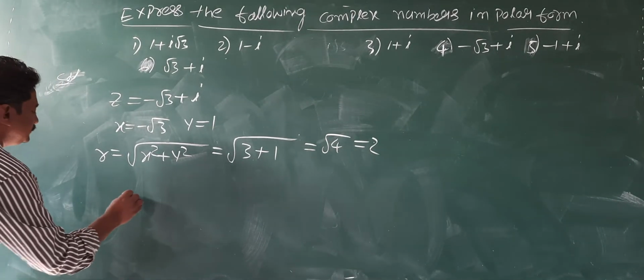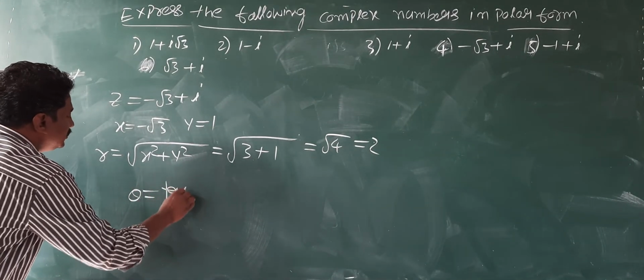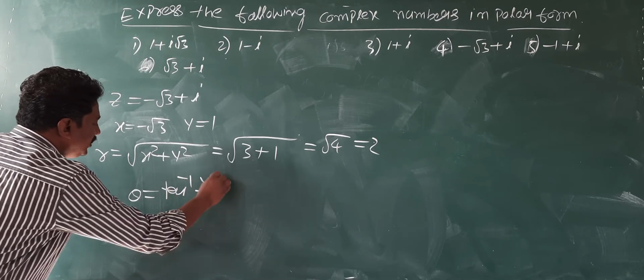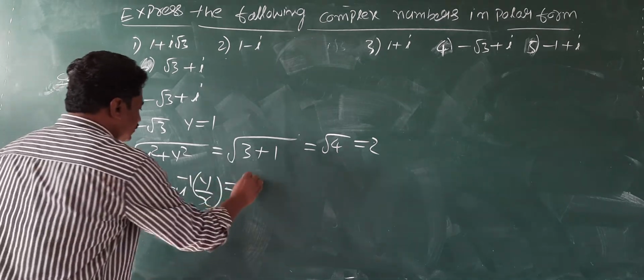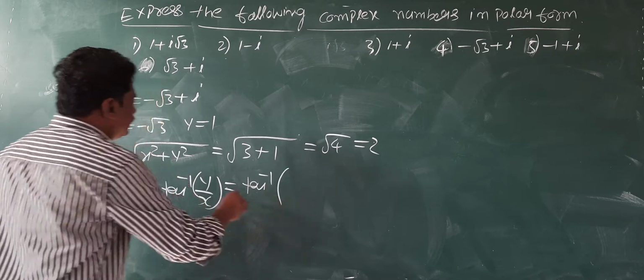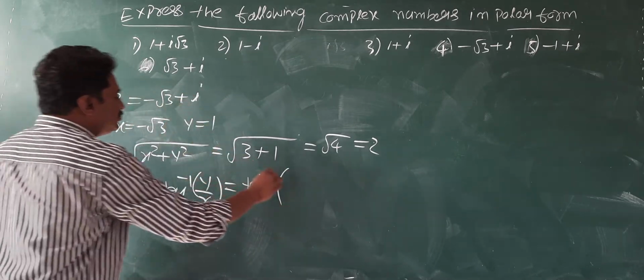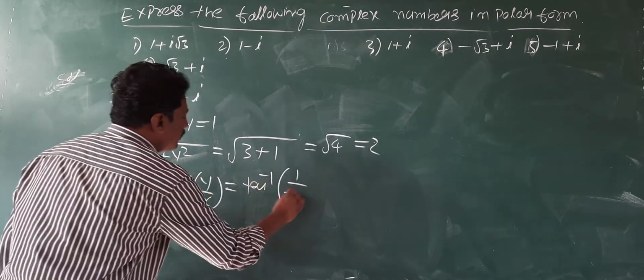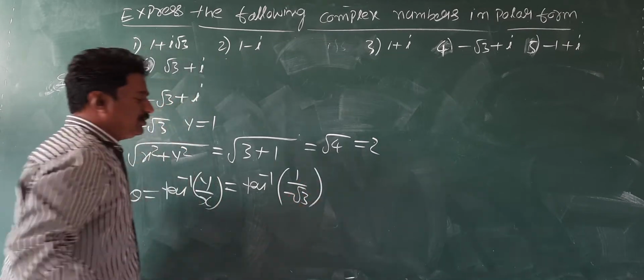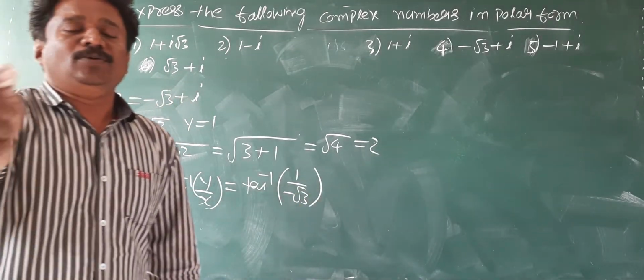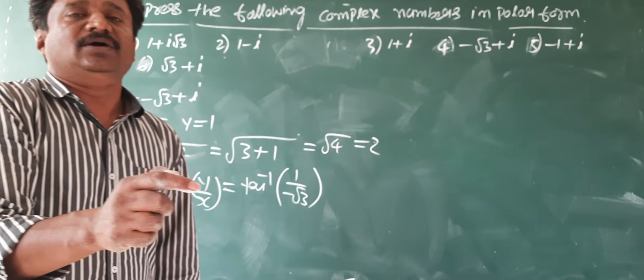Theta equals tan inverse y by x. So tan inverse, tell me y value, y is 1, x is minus root 3. I told you, put the numerator minus directly outside.